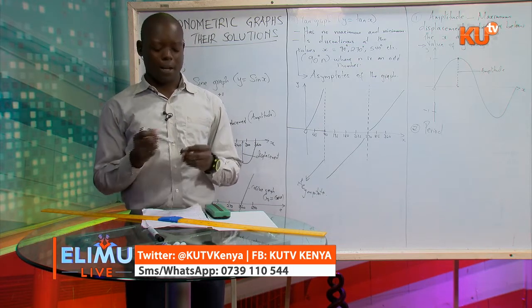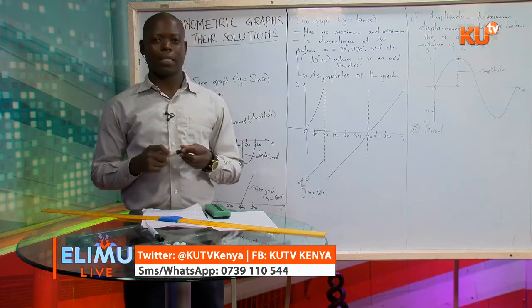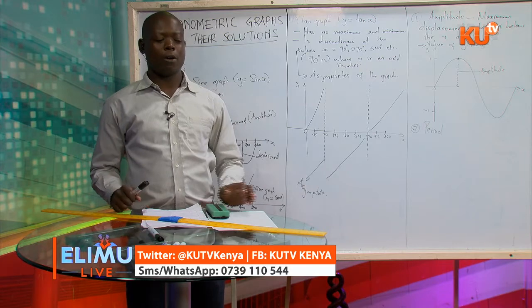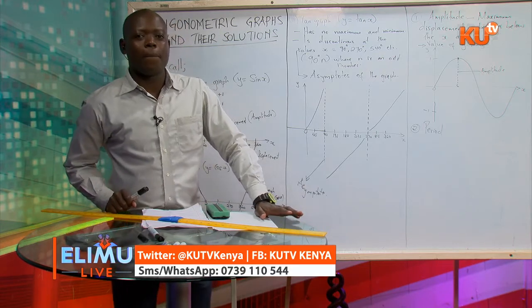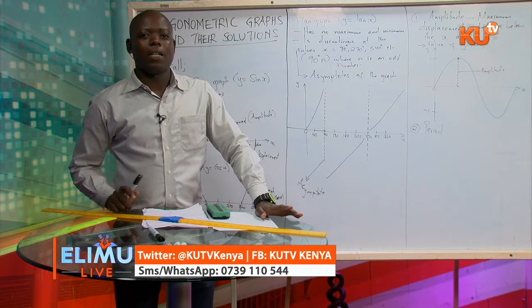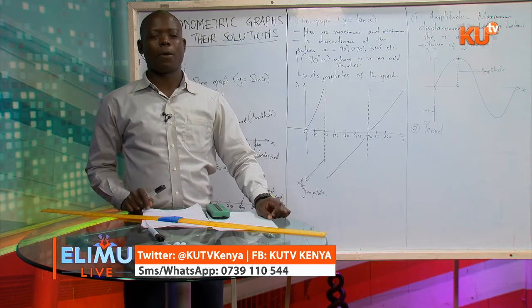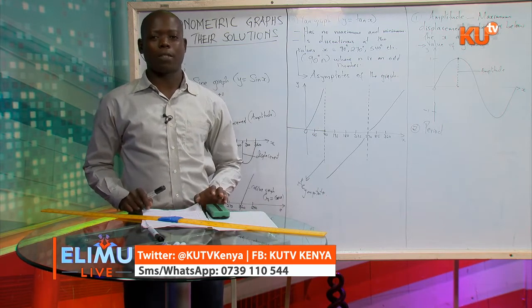That is how we define period in physics. It has the same relation to what we analyze in mathematics, but now we look at the angle that is taken to make one complete cycle, because here we are dealing with angles.